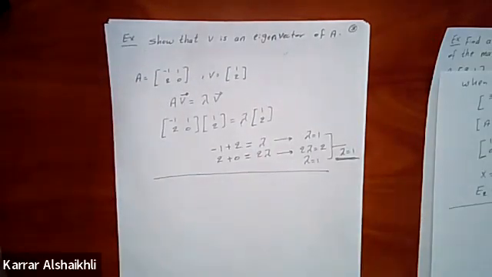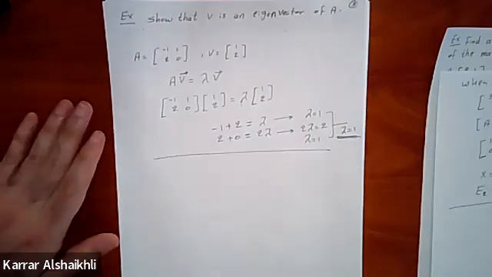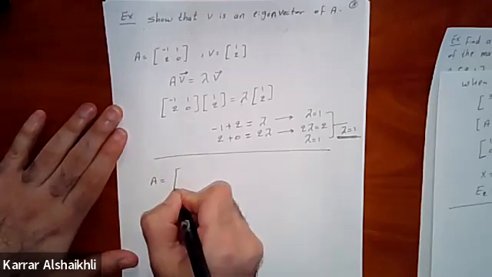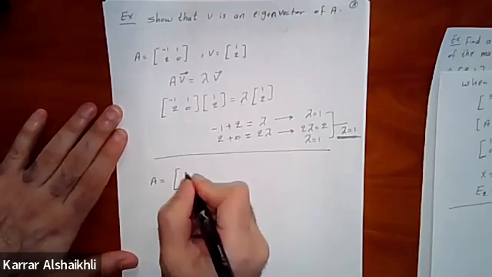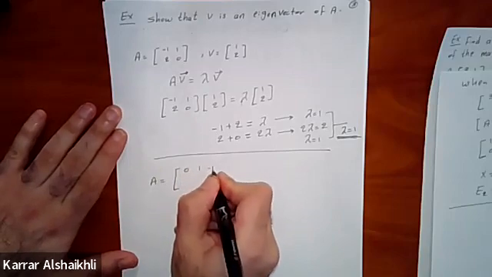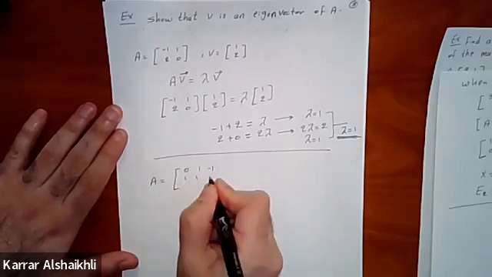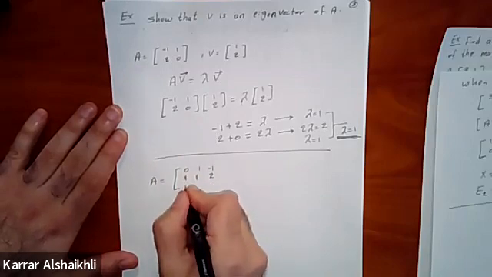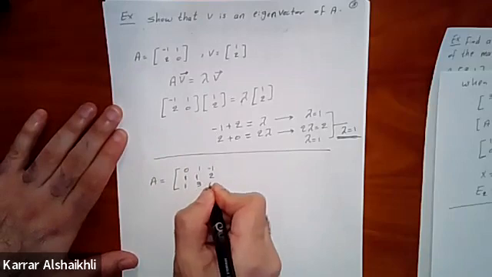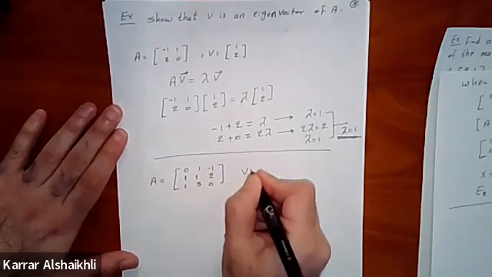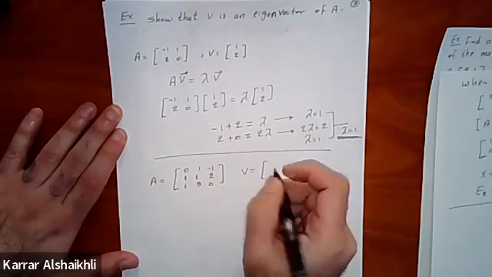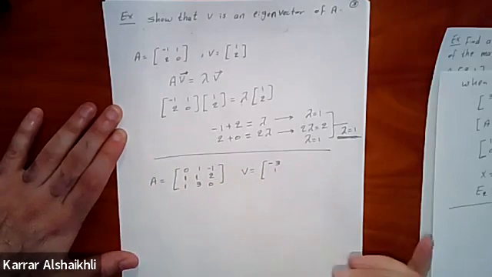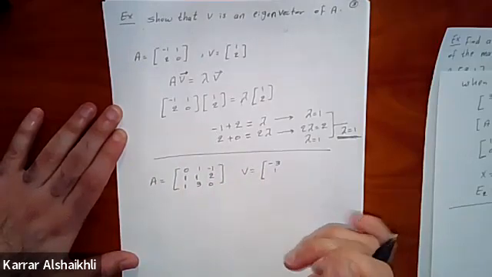Okay. We're going to show that V is the eigenvector, but I'm going to change the matrix. I'm going to do a 3 by 3 matrix, which is 0, 1, negative 1, 1, 1, 2, 1, 3, and 0. And V equals negative 3, 1, and let's choose 1 also.